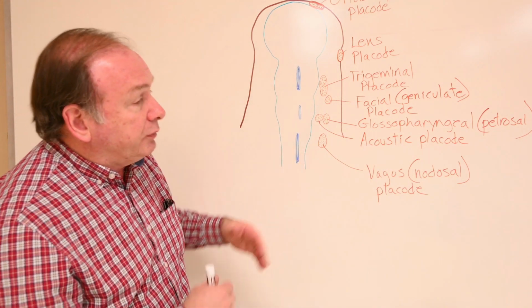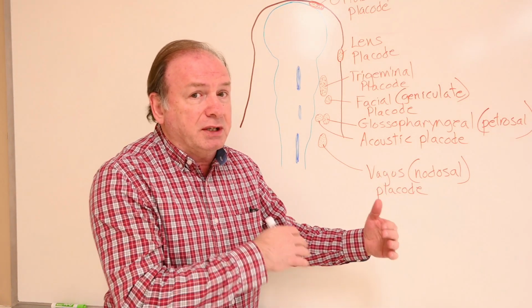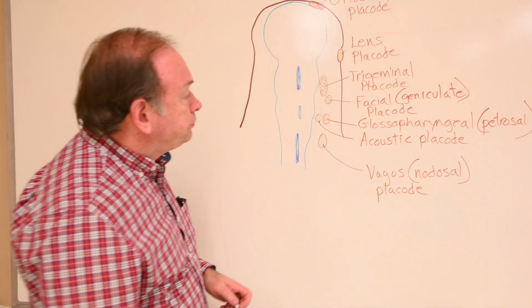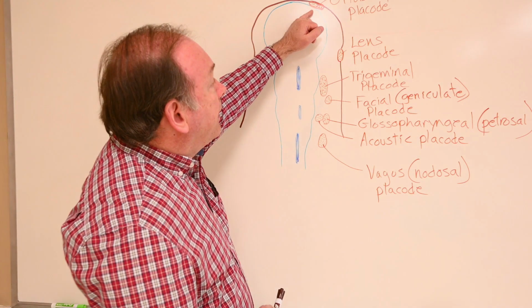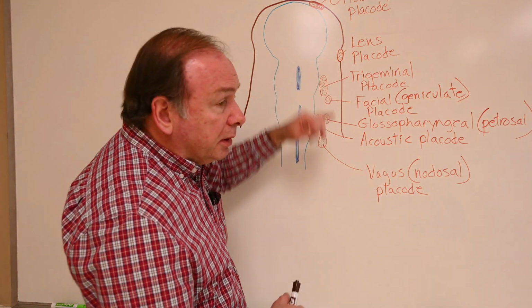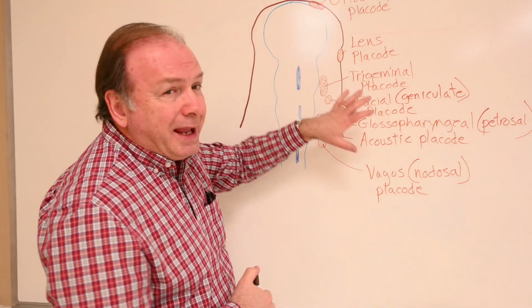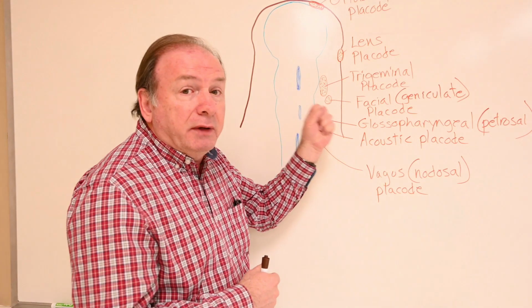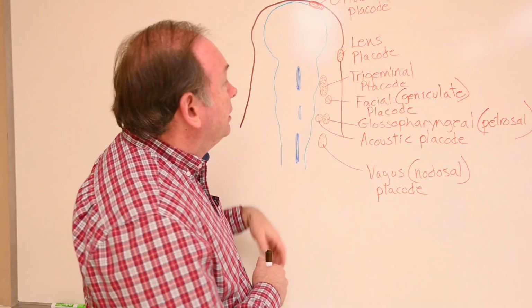Other examples of structures that are outside of the central nervous system that function as ganglia are going to be illustrated here. First of all, from the ectoderm, the outside surface ectoderm of the developing head, we have several locations that become eventually part of a ganglion that's involved in neural function.